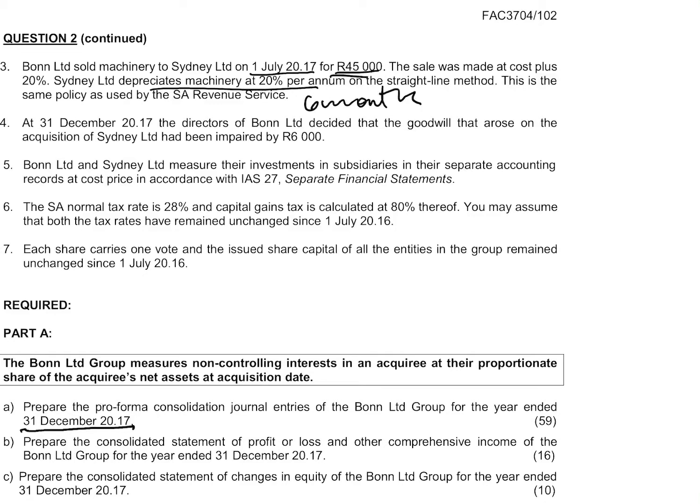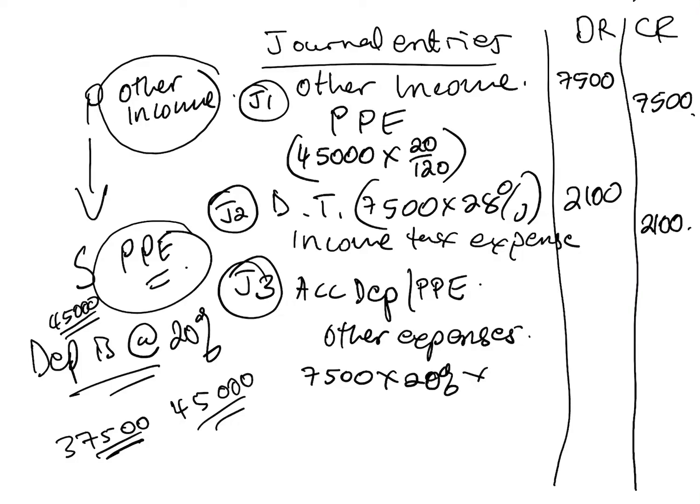So the 6 months depreciation that was being charged by the subsidiary was too much. So we are going to say 7,500 times 20% multiplied by 6/12. So 7,500 times 0.2 divided by 2 is going to give us 750.